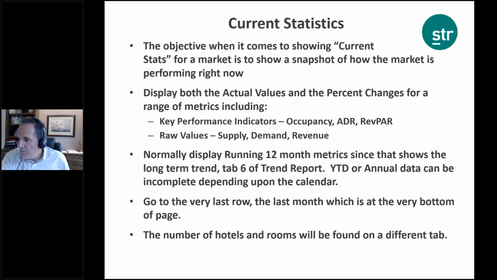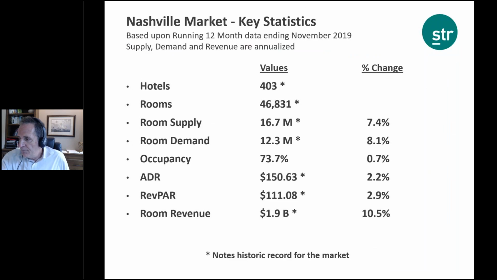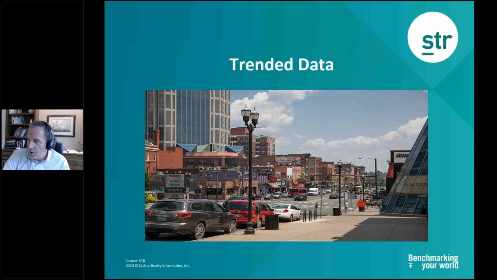And those metrics, we'll copy those percent changes and put them there as well. You see all of those in the second column. So that's it for current stats. That's just a quick look at where we are right now. Again, it's based on running 12-month data, and we are noting historic records.